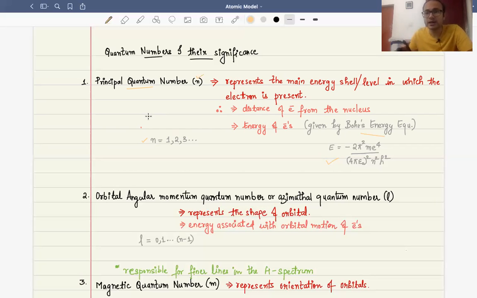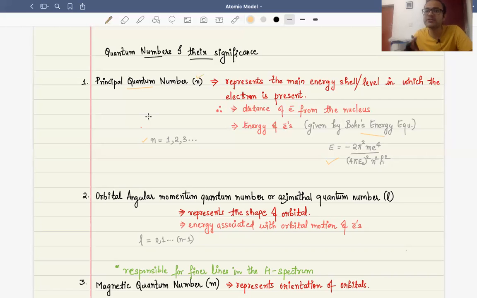around the nucleus. Now, remember one thing, that from now onwards we are not going to use the term orbit. We are going to talk in terms of orbitals or energy shells. When we talk about the principal quantum number, we will be concentrating on the term energy shells or energy levels, because the concept of orbit is wrong because of Heisenberg's uncertainty principle.